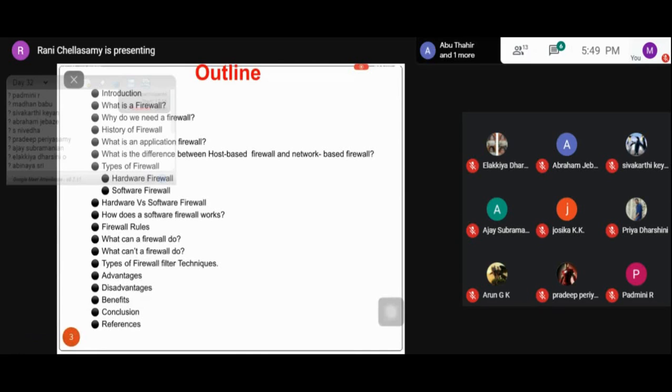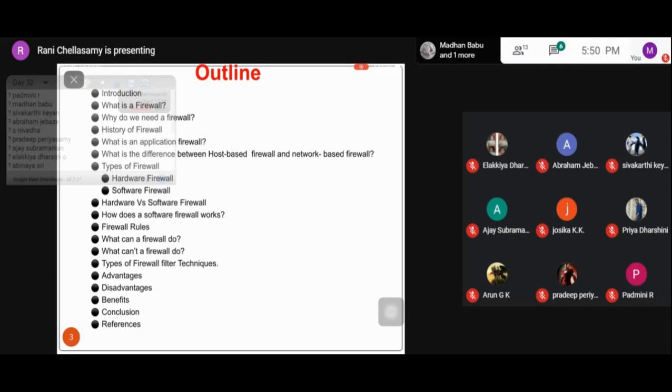Okay, so how does the software firewall work? We'll be seeing what is the working nature of software firewall, and there are some rules regarding the firewall. We'll be seeing the rules may be allowing some information, denying some information, denying in the sense that block some information, and ask some demand.